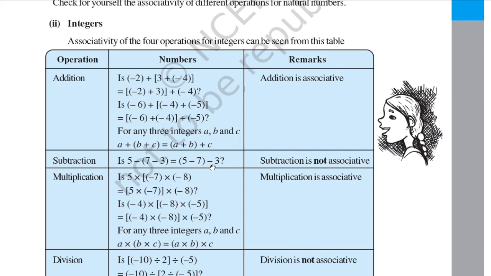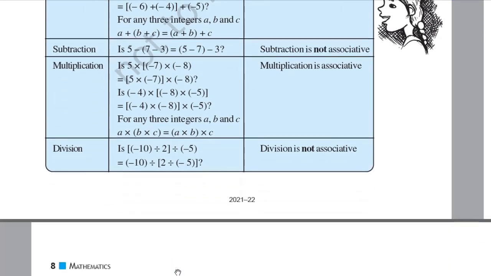So it will be equal. So it will be an associative property for any three integers a, b, c: a into b into c is equal to, in bracket, a into b into c. It will be associative, will be equal. So is minus 10 divided by 2 divided by minus 5 equal to minus 10 divided by 2 divided by minus 5? So this will not be equal. So division is not an associative property.